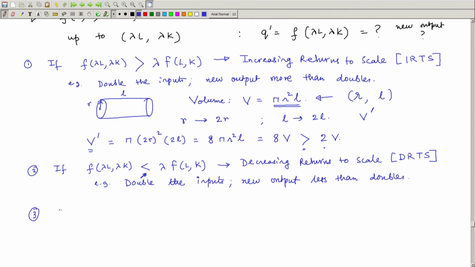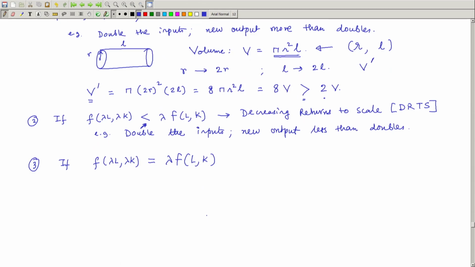The third example is that if f of lambda L, lambda k is exactly equal to lambda times f of L comma k, which is to say that you increased labor and capital by a factor of 2, you doubled your inputs, your new output exactly doubles.